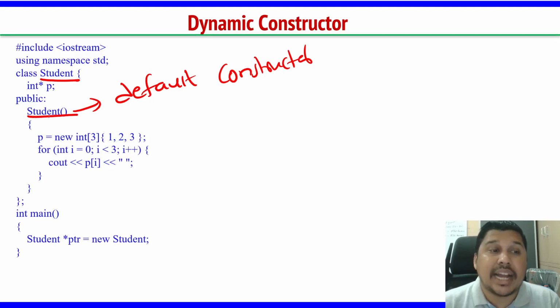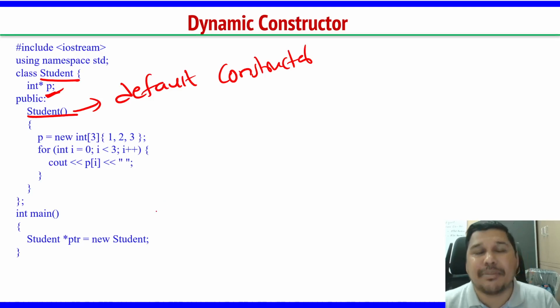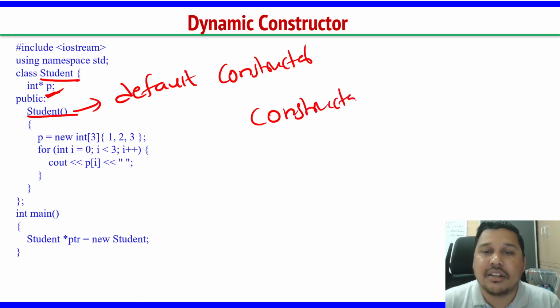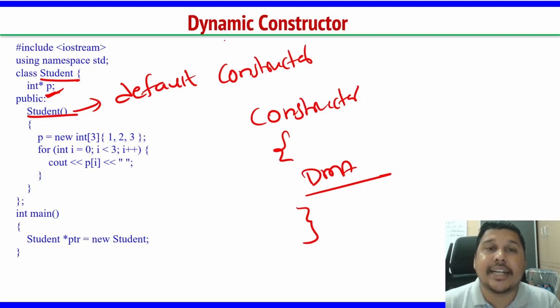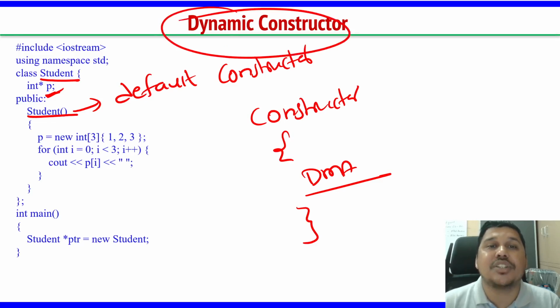So in a default constructor, if I am using DMA techniques to allocate memory for these variables, then this kind of constructor is called a dynamic constructor. Simple. In a constructor, memory allocation is done using DMA techniques. That kind of constructor is called a dynamic constructor.